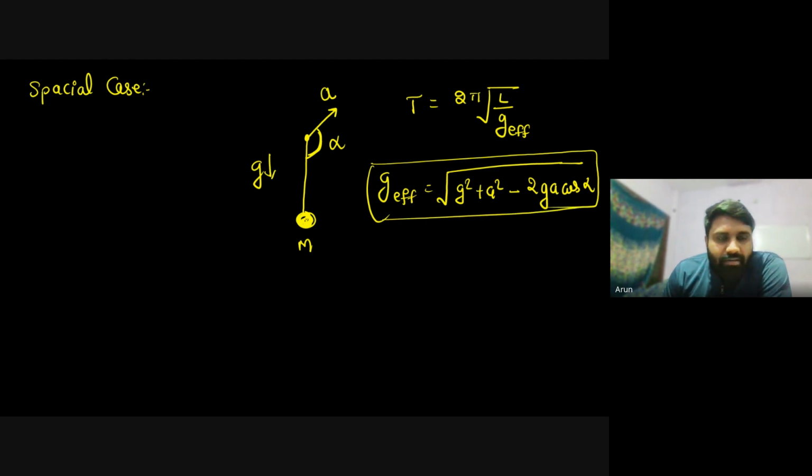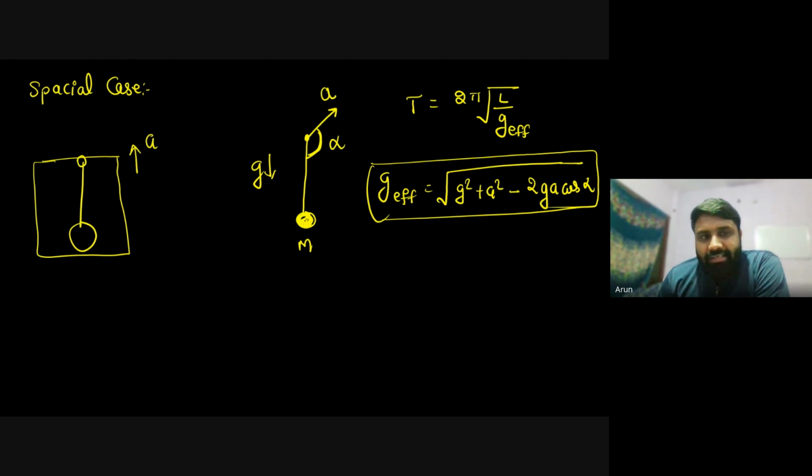For example, if this bob is moving in a container, and the container is moving up with acceleration a, the time period here will be 2 pi root L upon g plus a, because these are in opposite directions, so the accelerations add up.